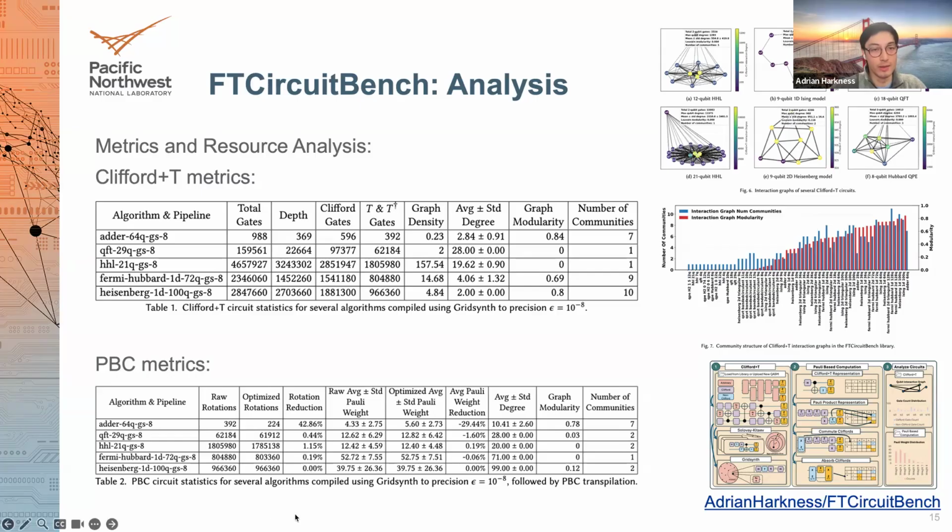And then we also have some statistics on raw versus optimized stats to get a sense of how well our heuristic T-rotation reduction algorithm worked. And you see there's a very wide range, all the way from 42.8% reduction on our adder down to no reduction whatsoever on our Heisenberg model.